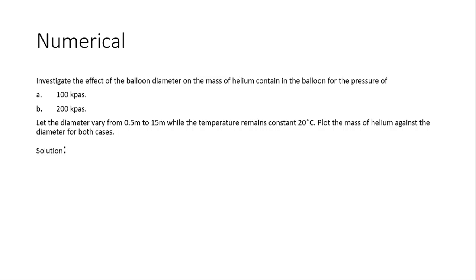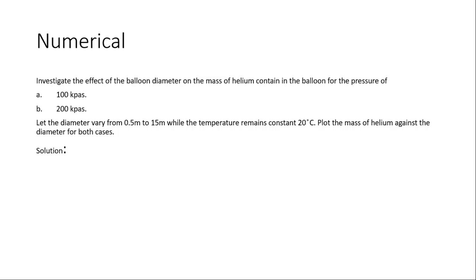After that, they also showed how the diameter of the balloon is varying from 0.5 to 15. Actually, they have not given us the initial amount of mass. They have given us the initial diameter.